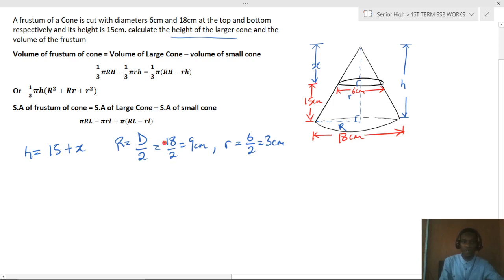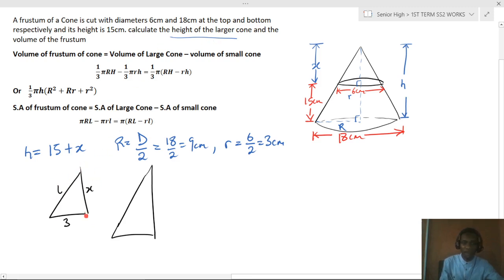Now, after getting this, we solve for our height. To get our height, we'll use the triangles that we've gotten. Let's bring out the two triangles. We have this triangle, let's say this is the small one, and this is our big one. Here the small radius is 3 centimeters, and the height is what we're looking for, just an x. The slant length we don't know yet, but we're not really concerned about the slant length since we're solving for the height.